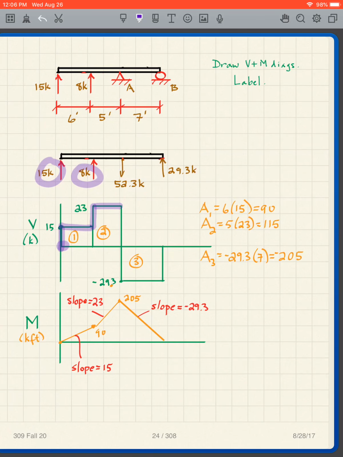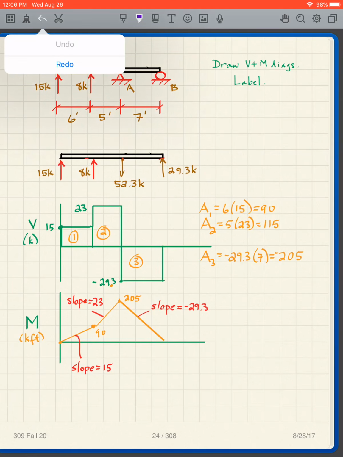So, in terms of the values, I start at 0, I go up 15. Then I go up 8, takes me to 23. Then I go down 52.3, takes me to negative 29.3. Then I go up 29.3, takes me to 0.